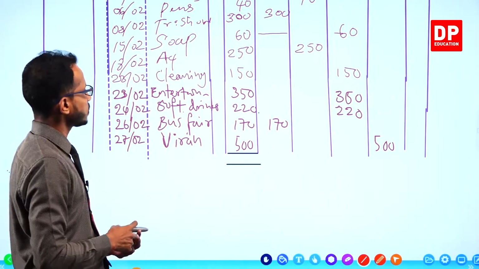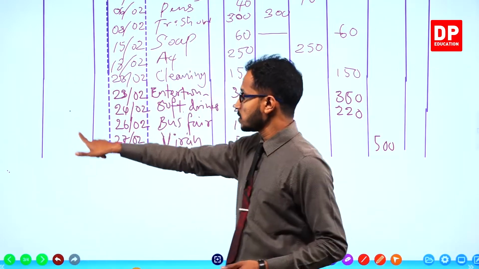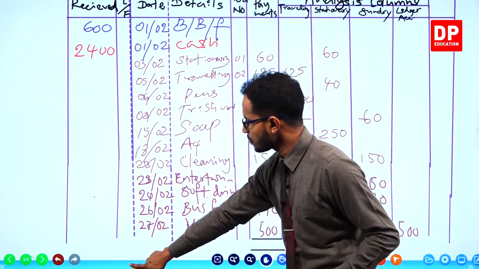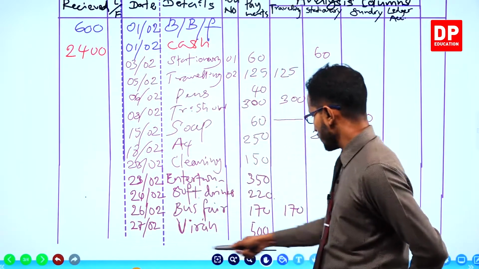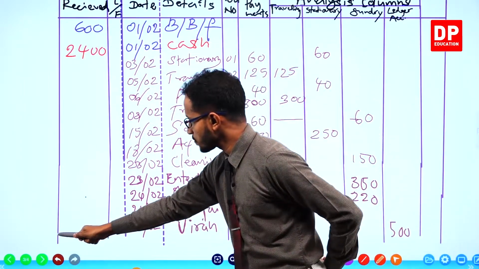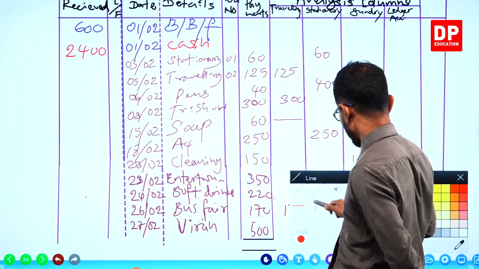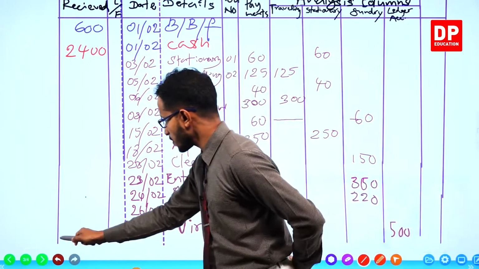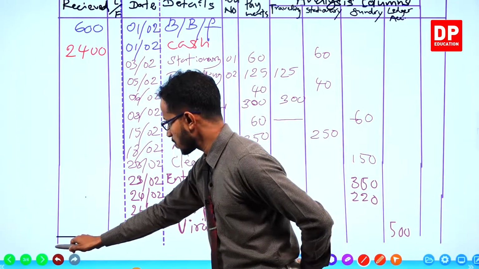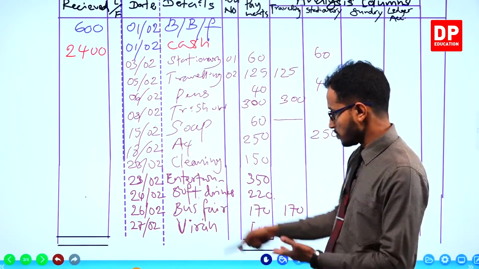And where's the received column? I have to move to this side to check the received column. This is the received column. We need a sum box in the received column too. Can you see the bottom?